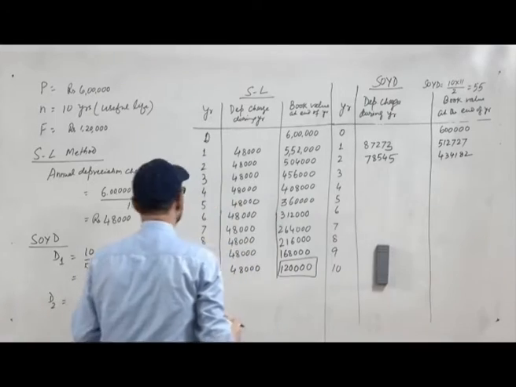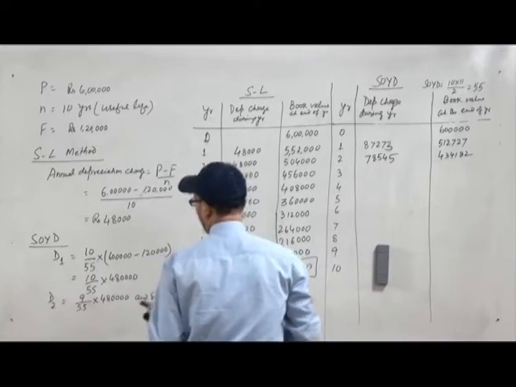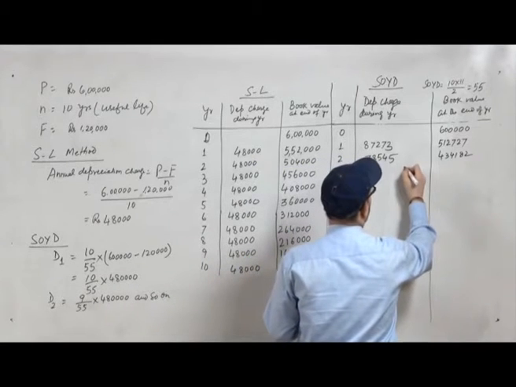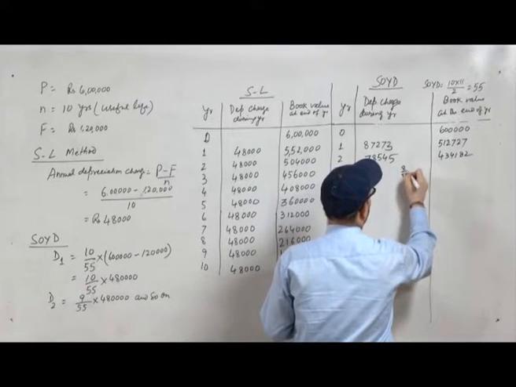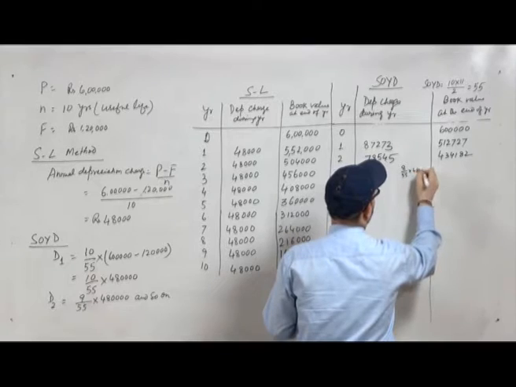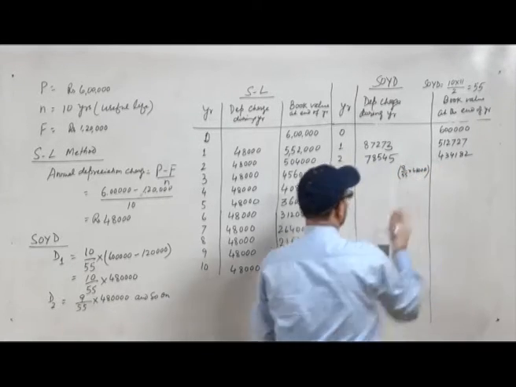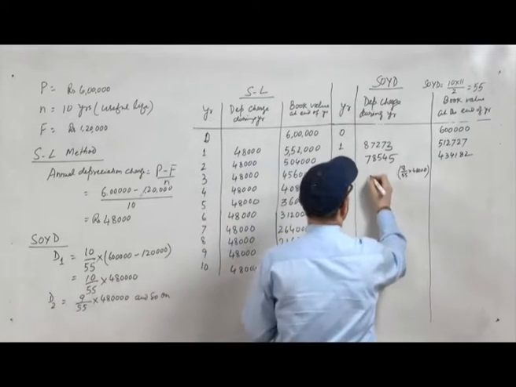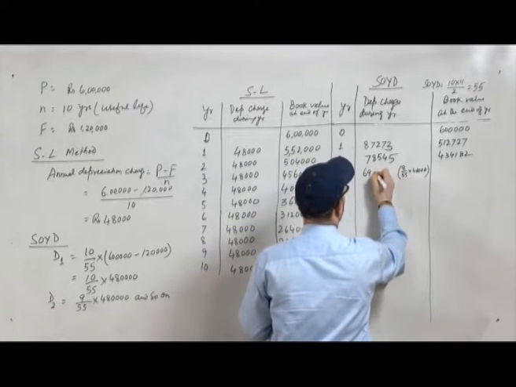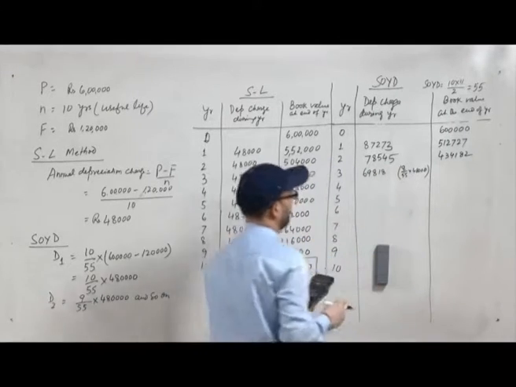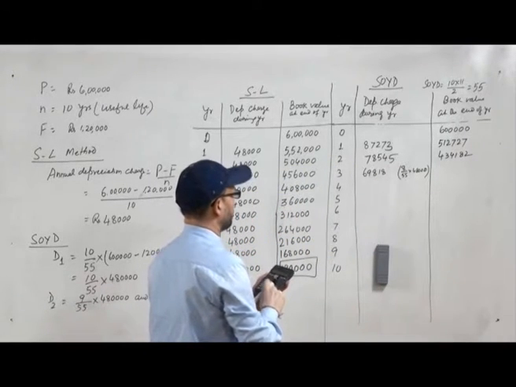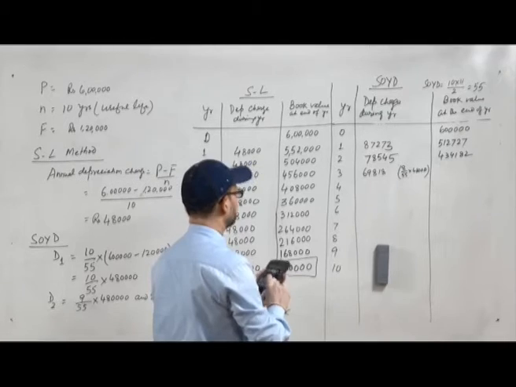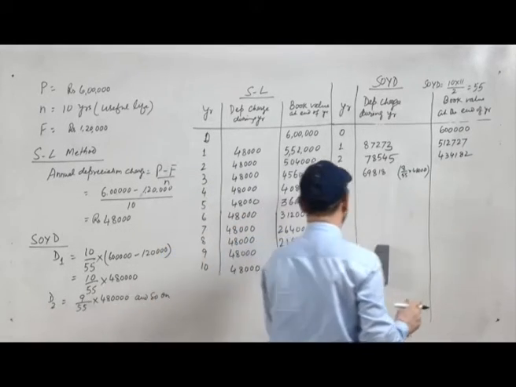Now, the third year depreciation D3 will be 8 by 55 into 4,80,000. So, it will be 69,818, and 434,182 minus this amount gives 364,364.